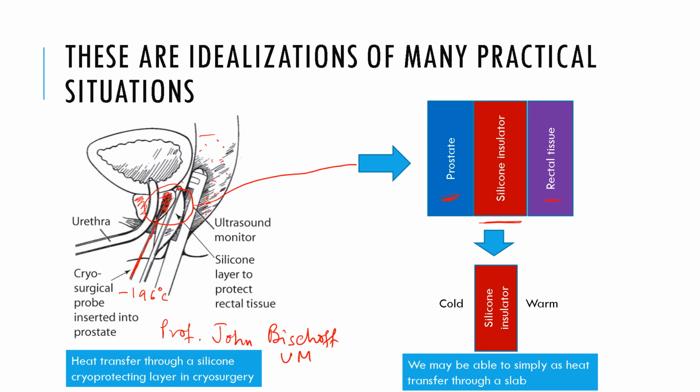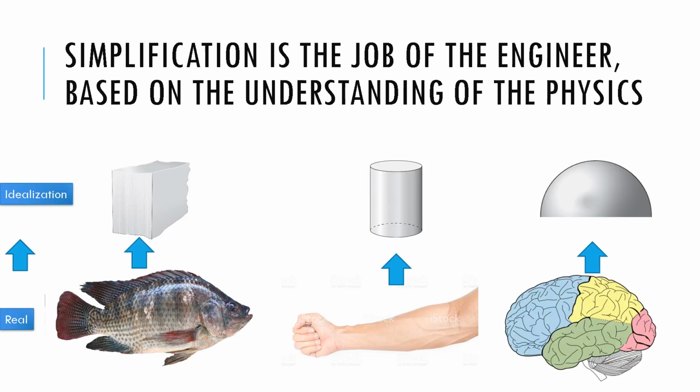You have a warm side, a cold side, and in between you have silicone insulator. And now it looks like heat transfer through a slab. So we may be able to simplify it as heat transfer through a slab. Not always can we do it, but we may be able to do this.